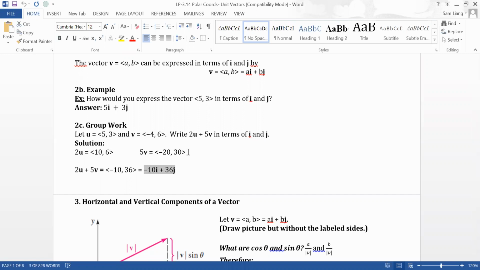Everything can be broken down into these unit vectors i and j, and then all other vectors are built from this. It's kind of like the concept of elements in chemistry. Everything can be broken down into elements. Same idea here.